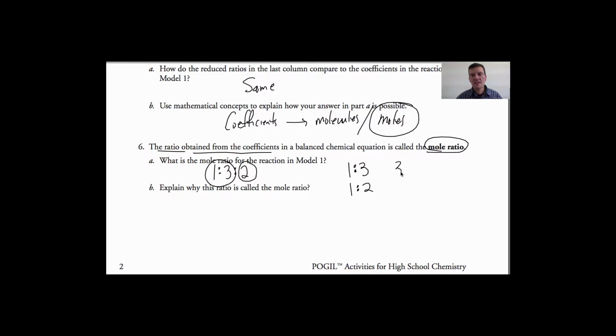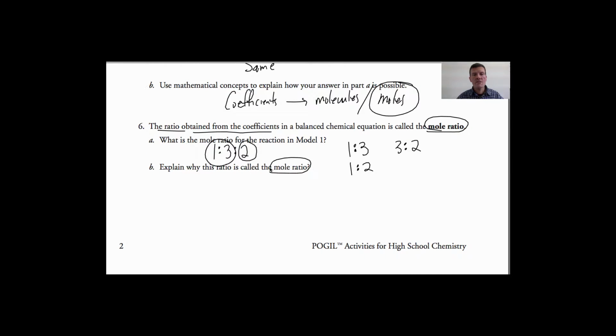The second reactant and the product are in a 3 to 2 ratio. So you can compare anything you want to, or you can say all three. This is a mole ratio because you're comparing how many moles react and are produced.